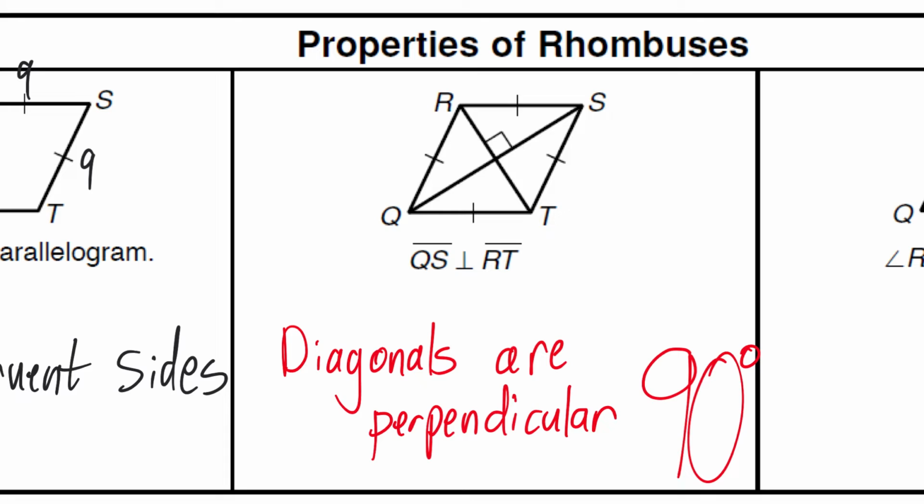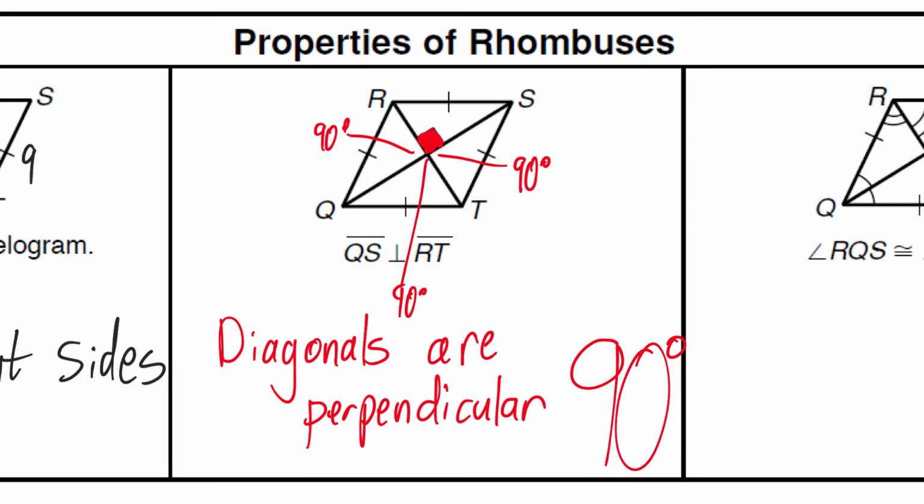So inside of here, in any rhombus where these 2 diagonals meet up, it's always going to make 90 degrees in here. Which means all of these angles are 90. Every single one of those angles in the middle there is going to be 90. We'll use that fact a couple times today at least.